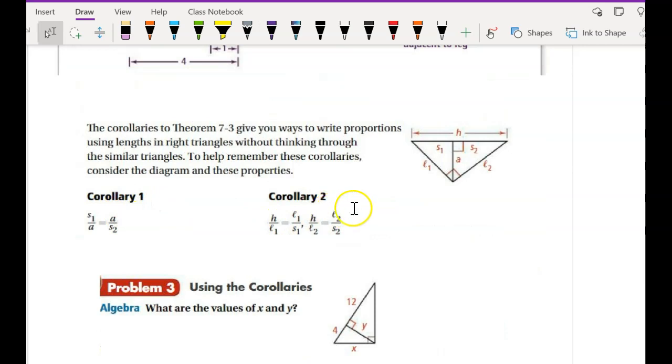Okay, so the book gave us this diagram to help us remember, and if this works for you, that's great. If it doesn't work for you, that's okay too. So just giving you this in case it's helpful.